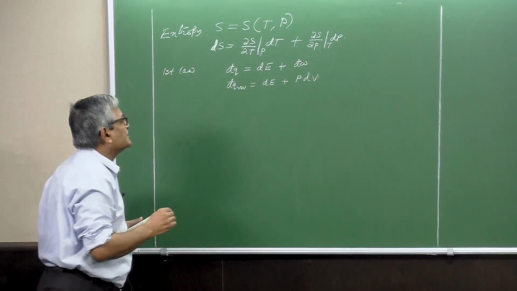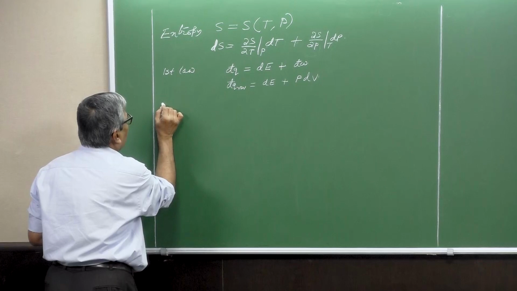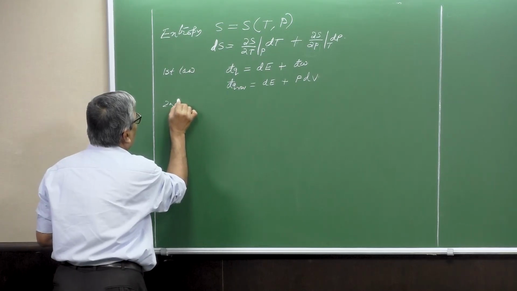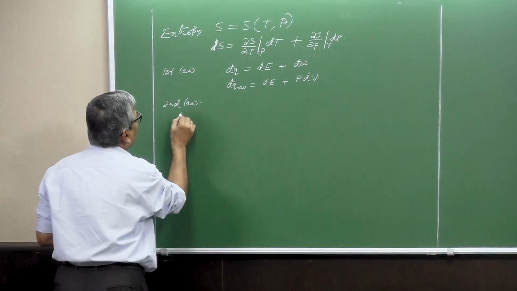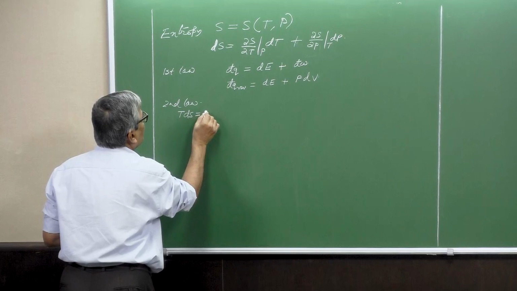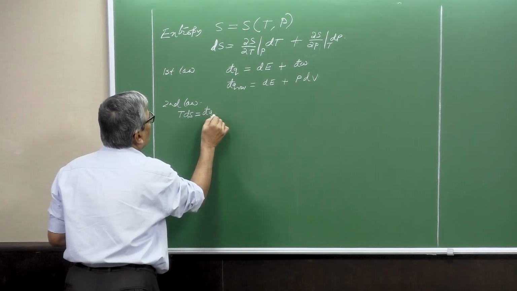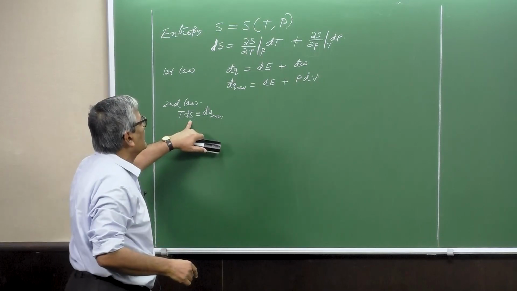Now the second law tells us that T dS is basically dq reversible, because dq reversible by T is dS.